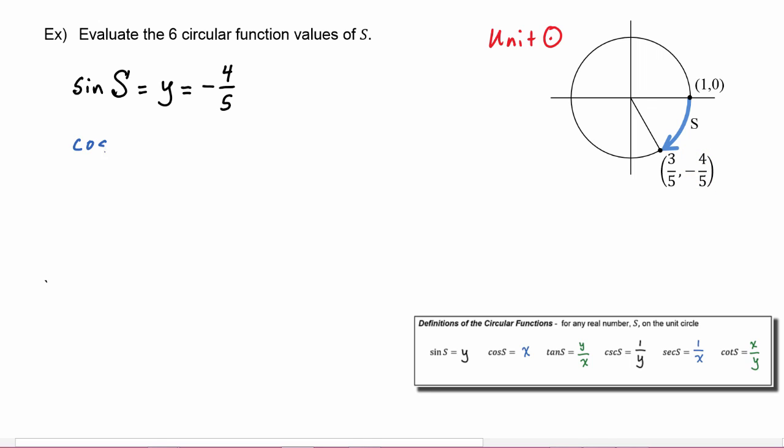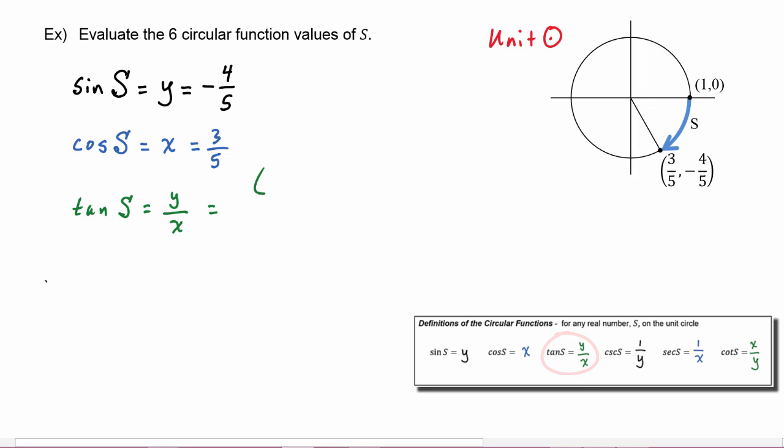The cosine of S is defined to be x. Once again, we look at the picture and see that our x value is 3/5, so that's the cosine of S. The tangent of S is defined to be y over x.